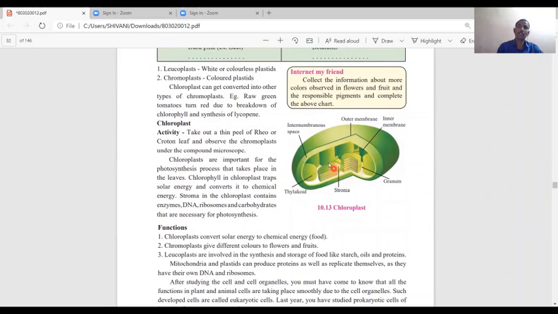Now we see the structure of chloroplast. Chloroplast or chlorophyll is present in the green leaves of plants.